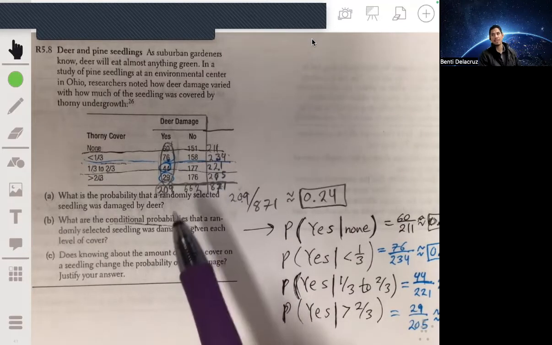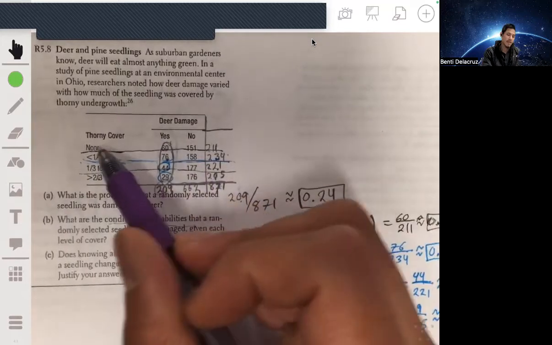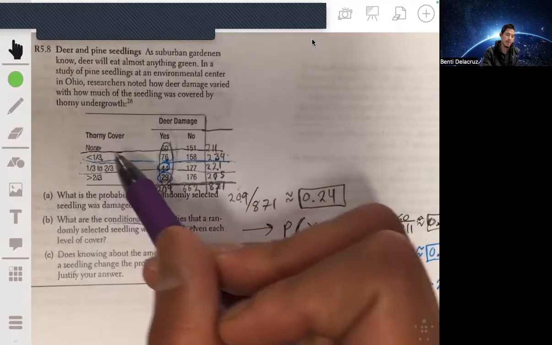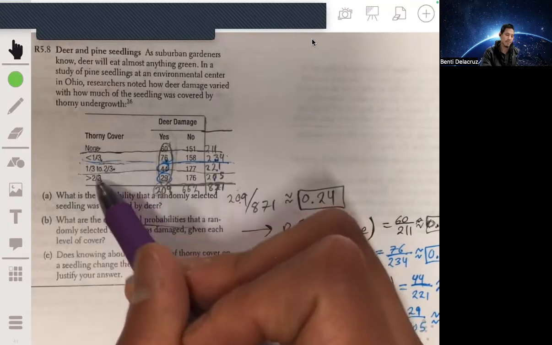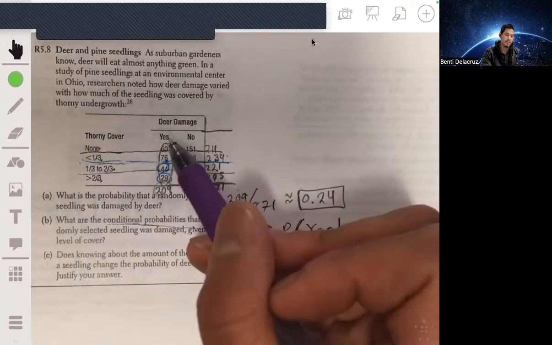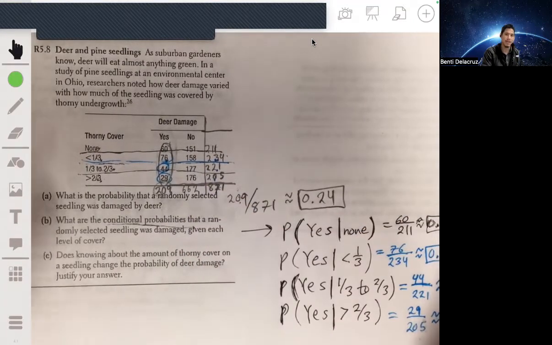Is there a different chance of having deer damage if you have none, or less than a third, or 1/3 to 2/3, or greater than 2/3? Logically in real life, it's kind of clear that it would, because it's going to scare deer away. Deer don't want to mess with that.